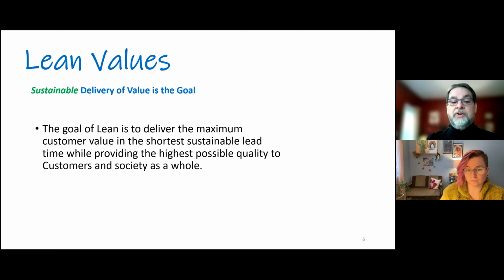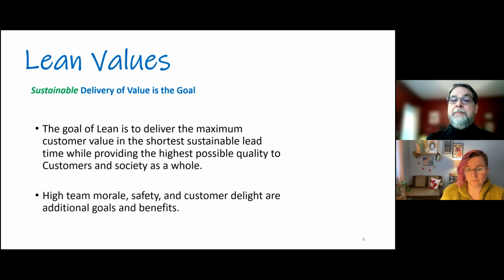Going further, one more statement is that since people do all the work, your scopes don't do the work, your lab doesn't do the work, your computer doesn't do the work, people do the work. And so having high team morale, safety, and customer delight are additional goals and benefits of Lean.